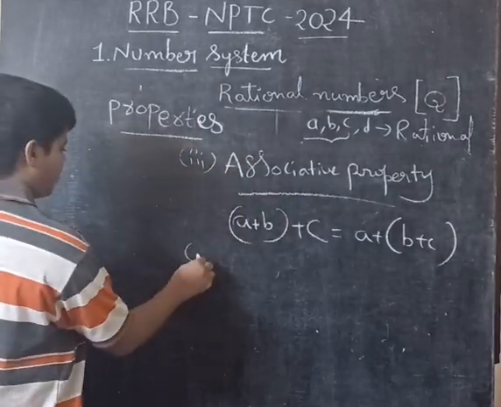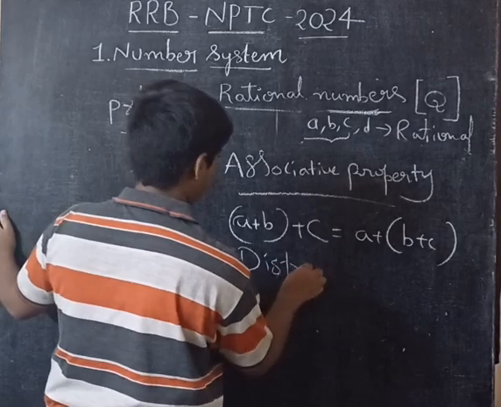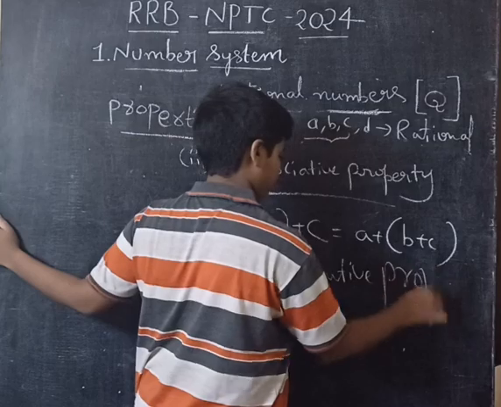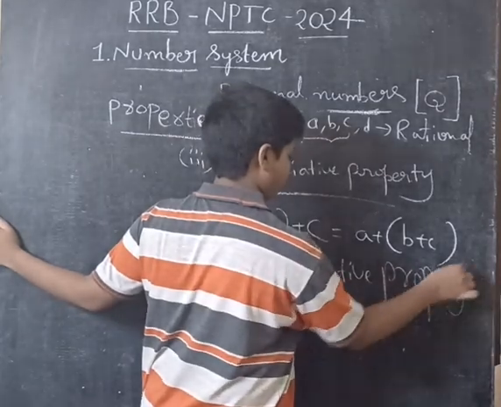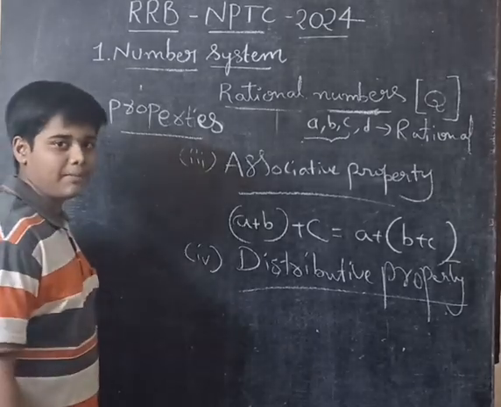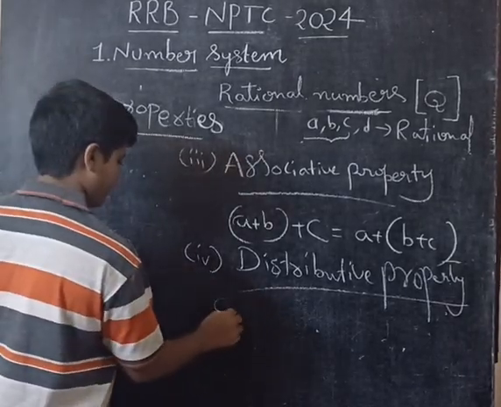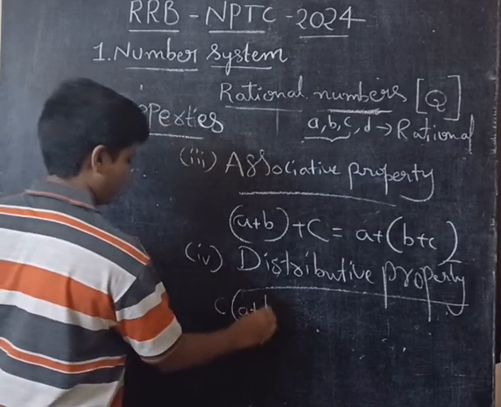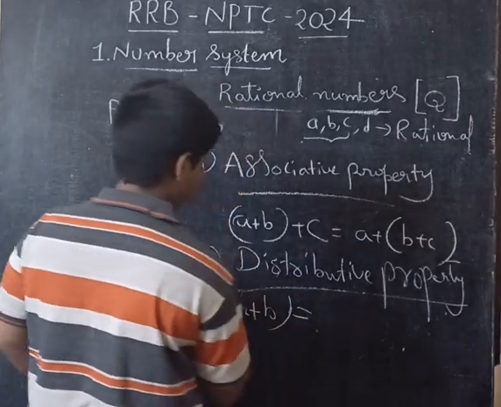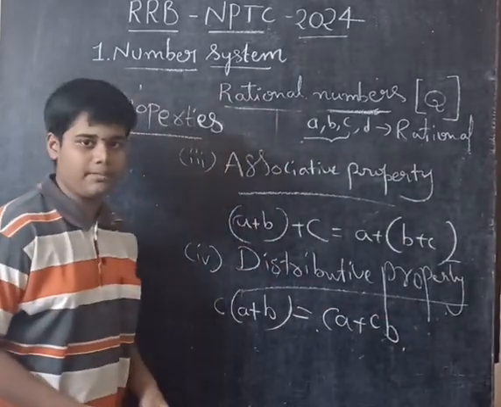And the fourth property, distributive property. Distributive property is nothing but under multiplication and addition we have to say, which means if I take C as one of the numbers and B plus C as one of the cases, and multiply, CA plus CB is nothing but the distributive property.